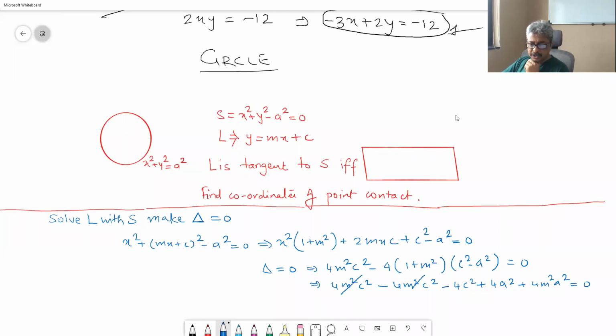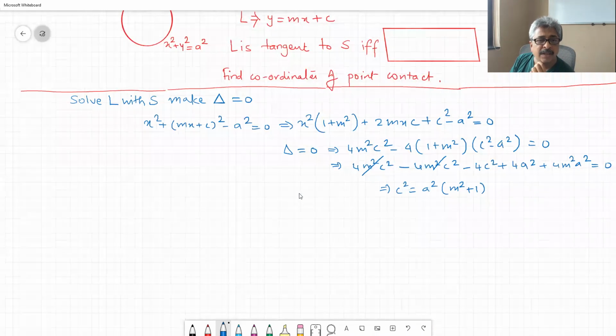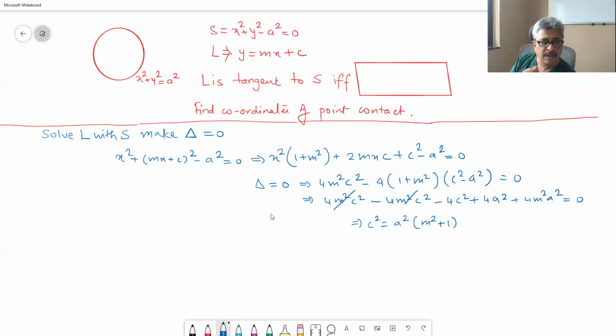This gets cancelled with this, and we have to express it in terms of c square. Therefore, c square is equal to a square (m square plus 1). This is the necessary and sufficient condition for y is equal to mx plus c to be tangent. Method number 1.